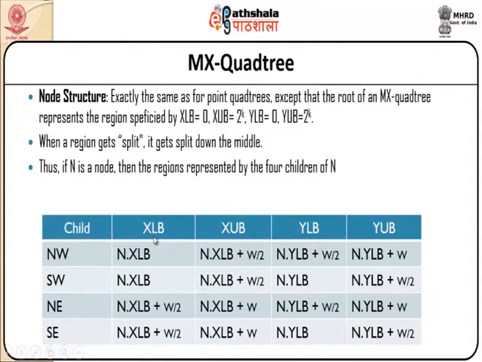The x lower bound would be n dot x lower bound, and n dot x lower bound plus w by 2, where w is the parent's difference of bounds on the x value, for the southeast. The same holds for the upper bound, but the other way around for northeast and southeast. For northeast and southeast, the lower bound is clearly defined with plus w by 2, whereas for the children of northwest and southwest, the lower bound is defined without it.